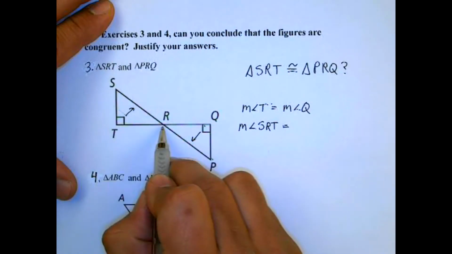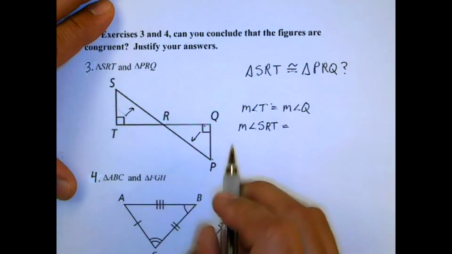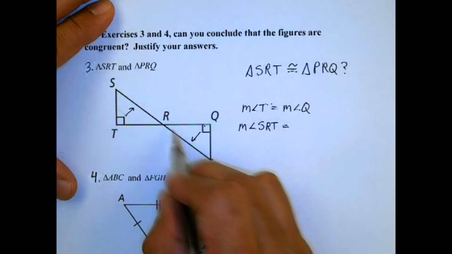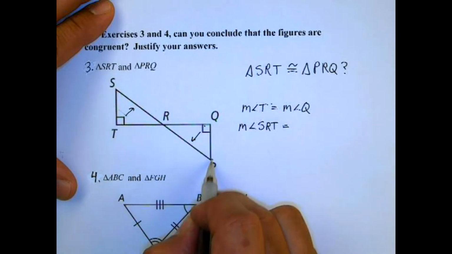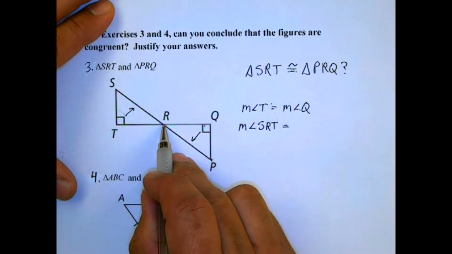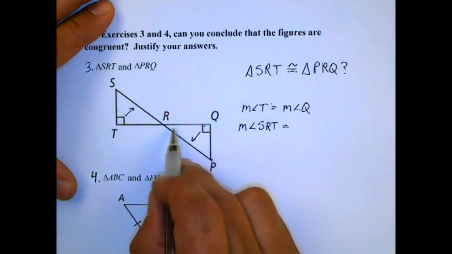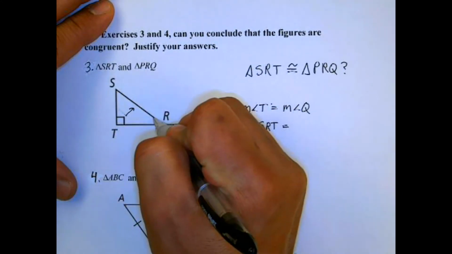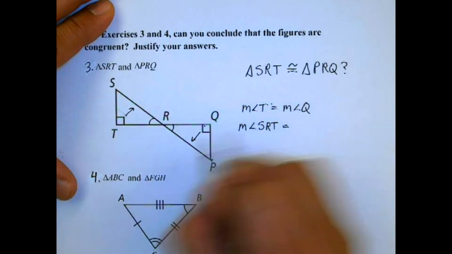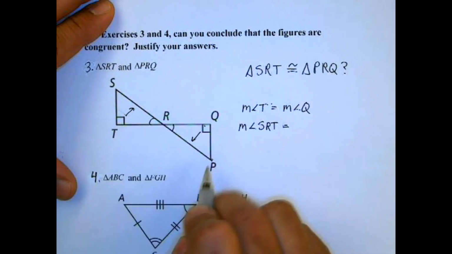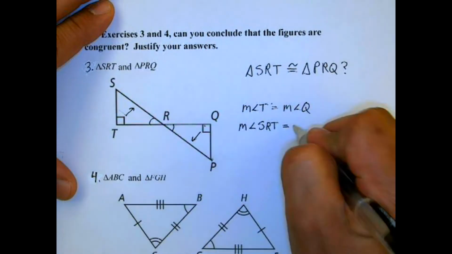It says SRT is congruent to or equal to PRQ. Okay, so I go from P to this vertex right here, and I go to Q, and I want to say that this angle is congruent to this angle because of vertical angles. So the measure of angle SRT is congruent to PRQ.